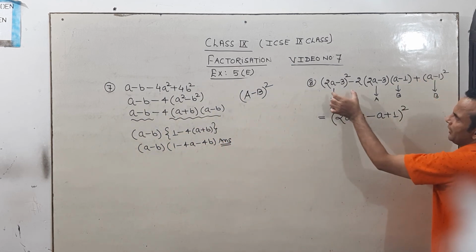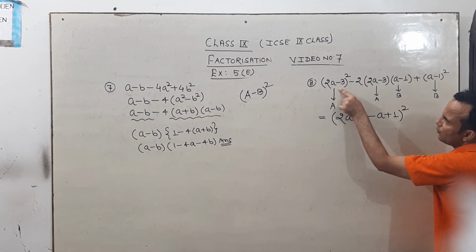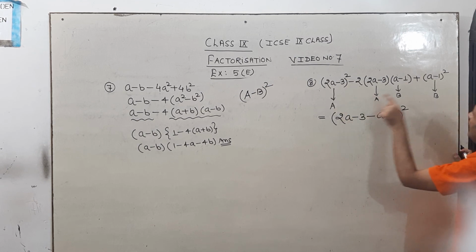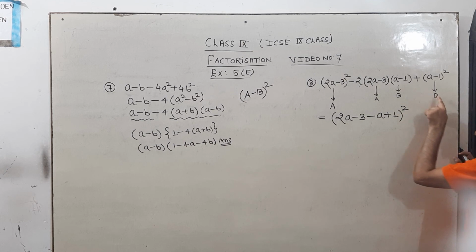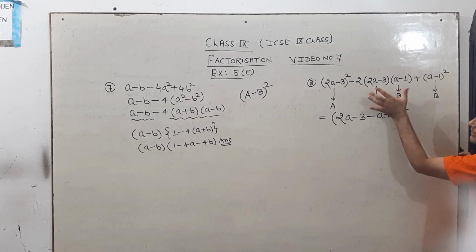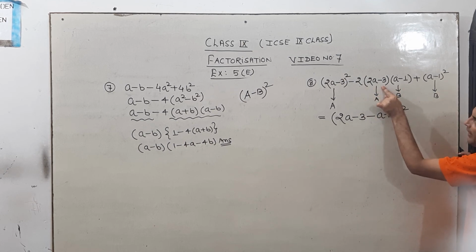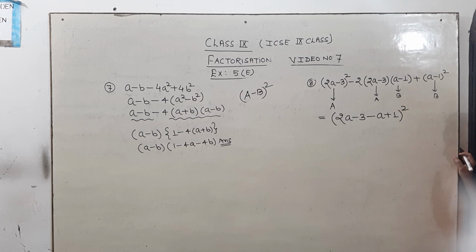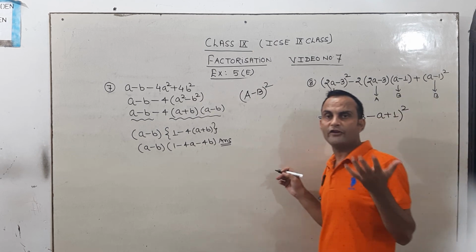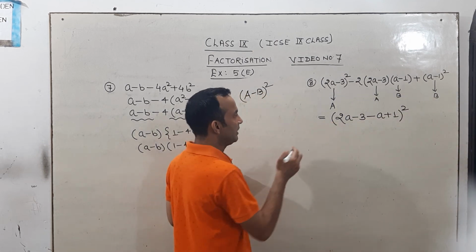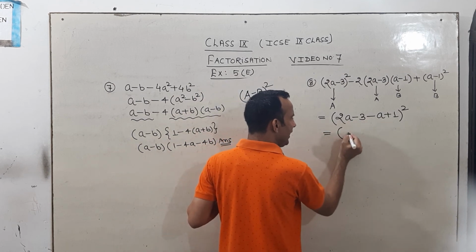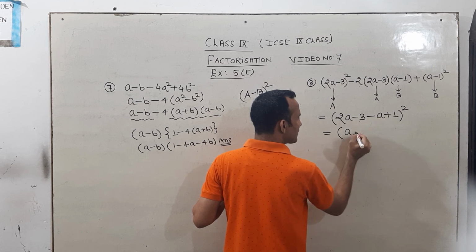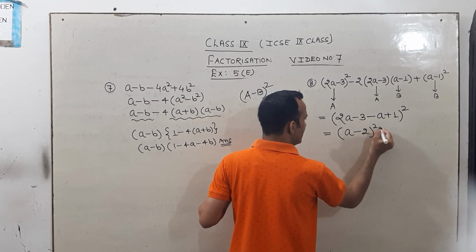You can see once again, if we are considering that 2a minus 3 acts as a and a minus 1 acts as b, so this is a square, this is b square, and you can see here what is given? Minus 2ab. So this is the formula of what? This is the formula of a minus b whole square. So simplify this expression. 2a minus a is what? a. Minus 3 plus 1 is what? Minus 2 whole square.